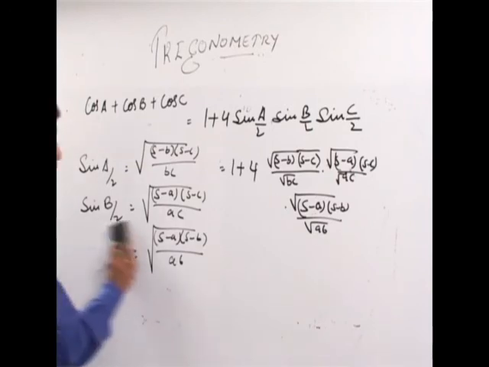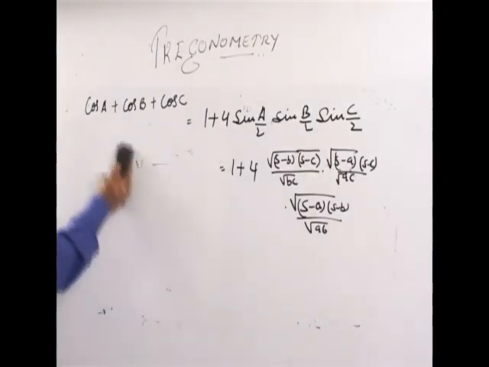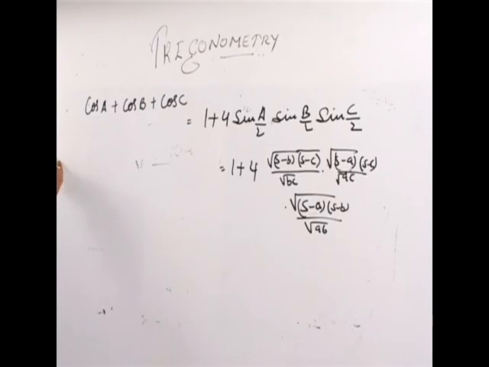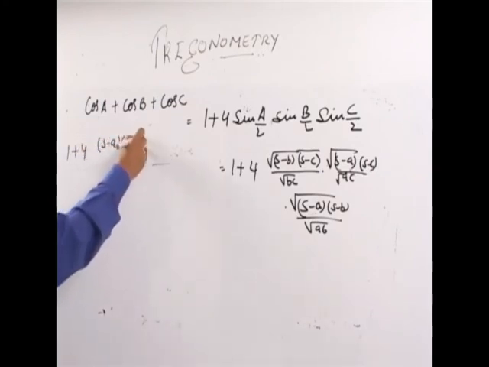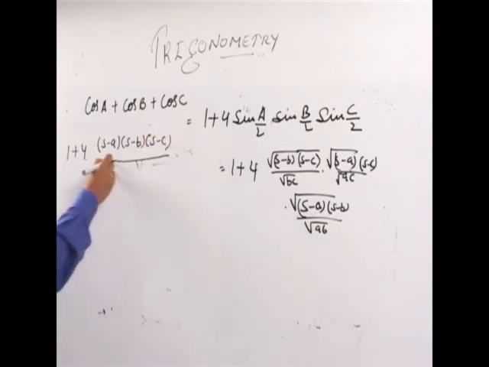Now again when you solve it, you will get 1 plus 4 times S minus A, S minus B, S minus C over ABC.